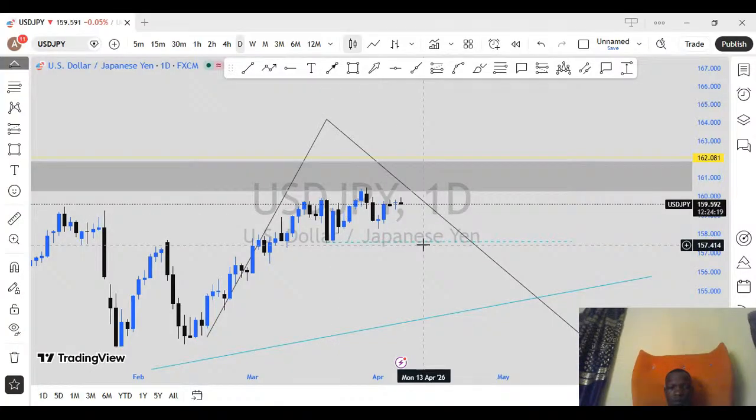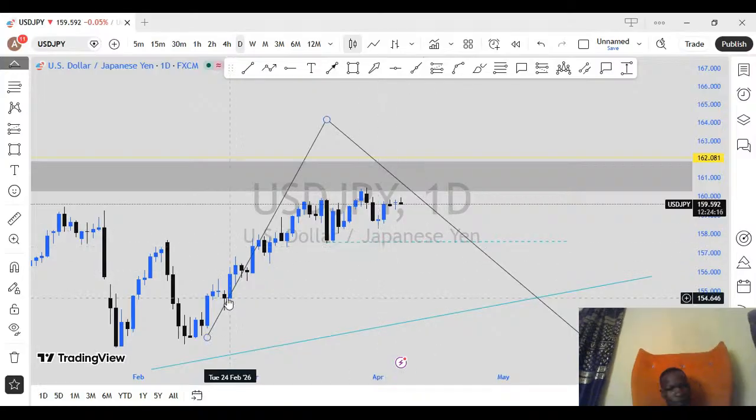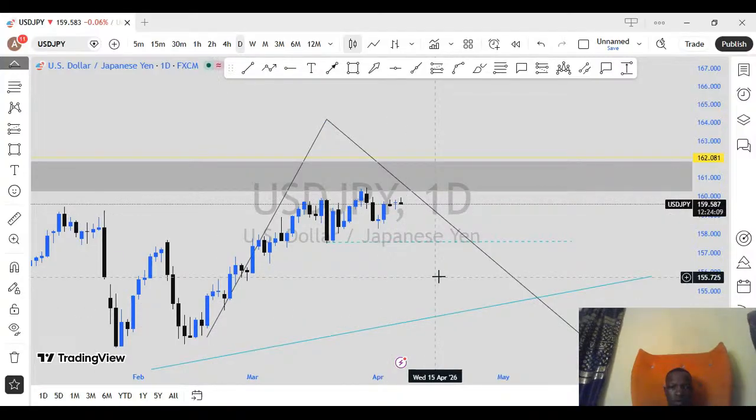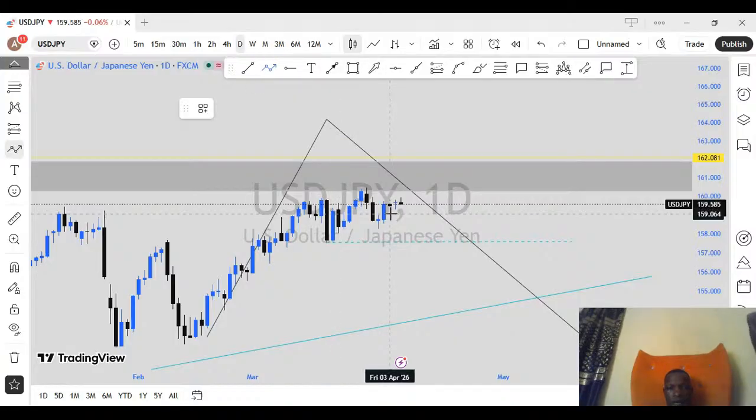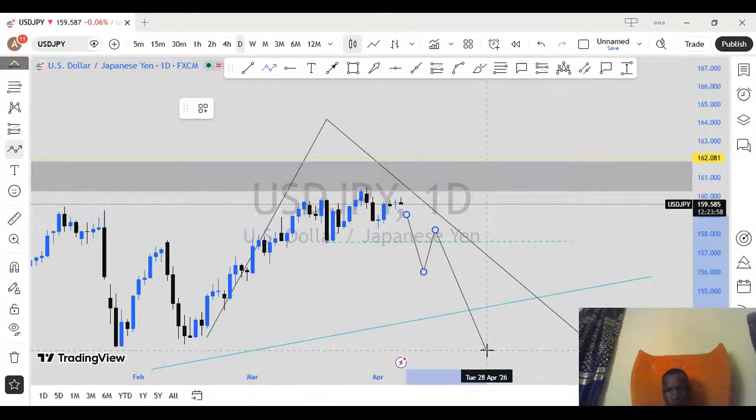This would tell us the market is about to sell. We know that we want to sell this market, but it's not yet time. So we expect the market to give us a reaction like this or this one. The market should come like this and close below, then we look for a way to sell.